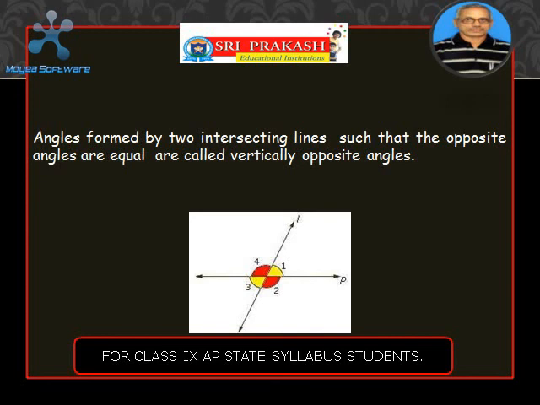There are some pairs of angles formed when a transversal intersects two lines, such as corresponding angles, alternate interior angles, alternate exterior angles, and interior angles on the same side of the transversal. So like this we have different names, and in our next slides we will read about these angles and their properties separately.